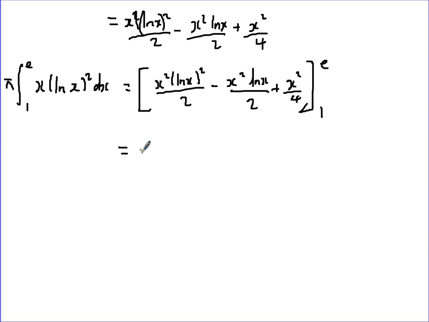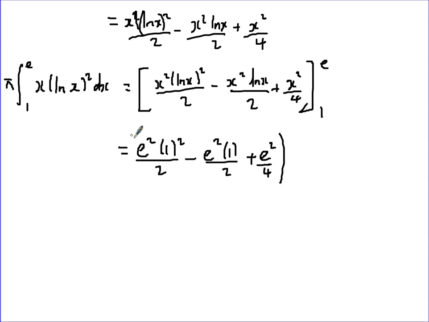So we then get e squared, ln e is just 1, so you just get the 1 there, all squared over 2. E squared again, that's just 1, over 2, and then e squared again over 4, and then we're taking away, subbing 1 into this, so we end up with ln 1 over 2 minus ln 1 over 2 plus 1/4.